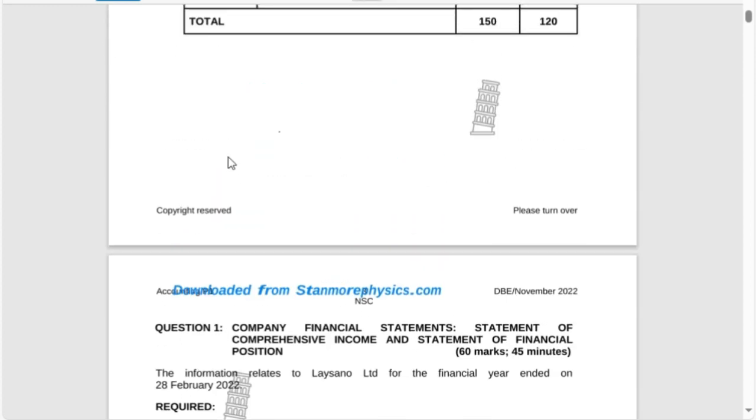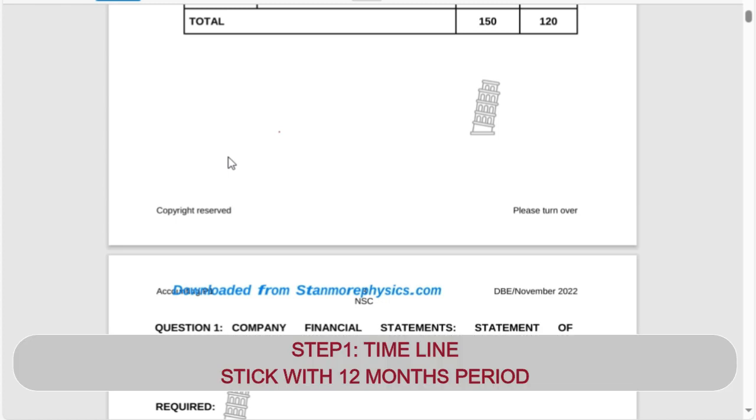In this case, we need to have a timeline. It ends when our financial year ends, February 2022, meaning it started in March 2021. We have March, April, May, June, July, August, September, October, November, December, January, then it's our 12-month period.